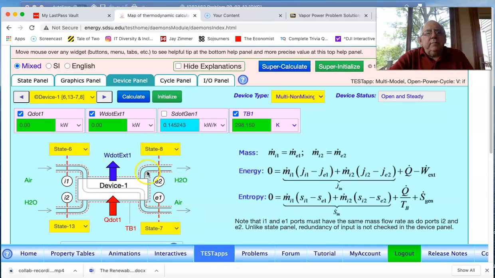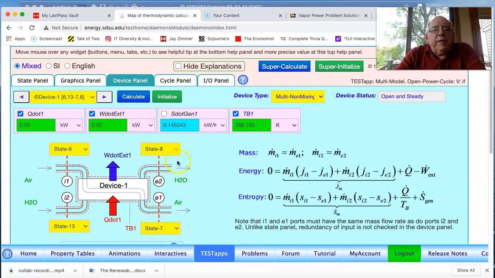And then this other side corresponds to what came in at state 13 out of the pump, went through, and this to state 8. And so that's the boiler, the pseudo boiler associated with the water side, the steam side.